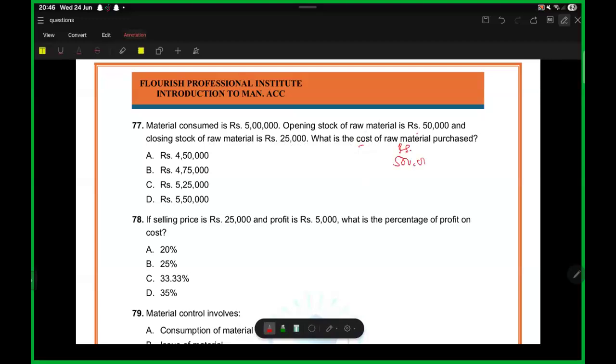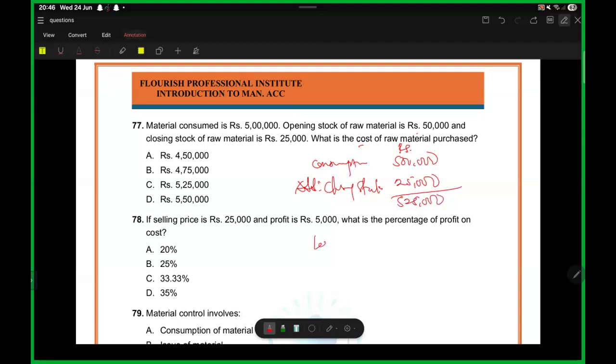So we have 500 RS consumption. The same thing, you add your closing stock. Your closing stock is 25. You are going to get 525.